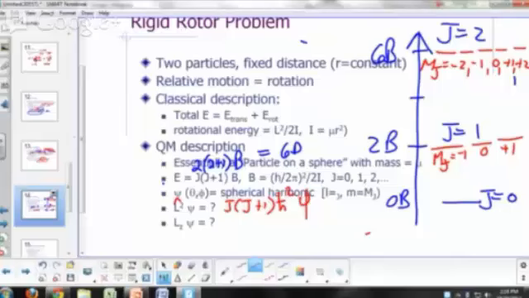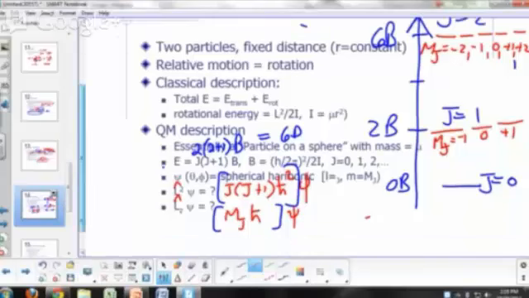So the allowed values for your L squared are J times J plus 1 h bar squared. What are the allowed values for L_z? L_z hat psi would give you back what? Just like before, M sub J in this case. Instead of little m, we use M sub J h bar.